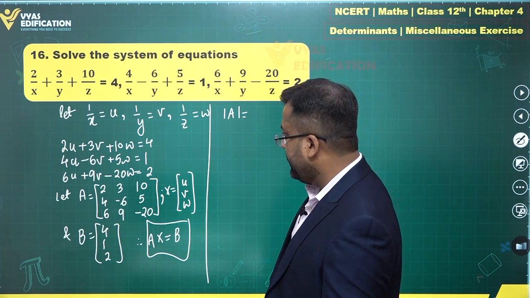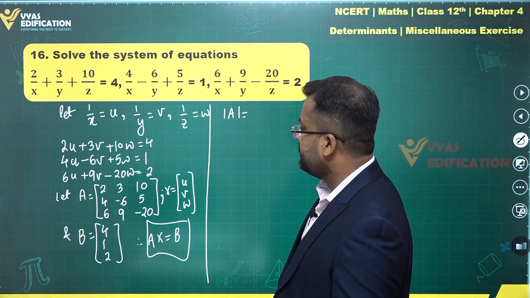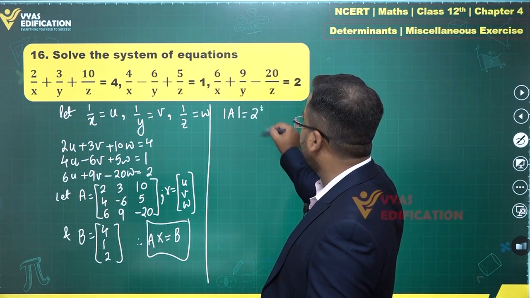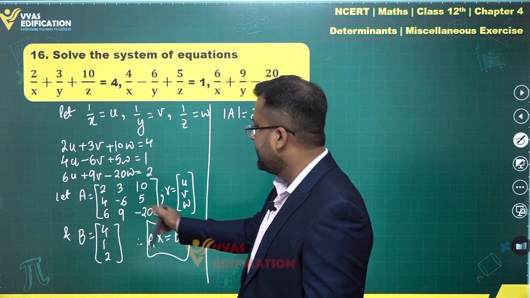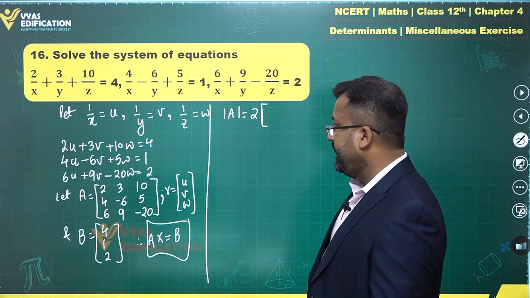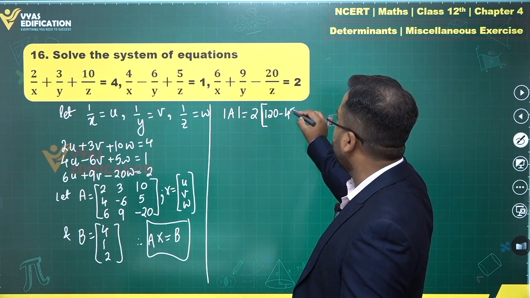Determinant of A can be found very easily by direct expanding. What you get is this over here: 6 times 20 is 120, minus 9 times 5 is 45, so 120 minus 45.